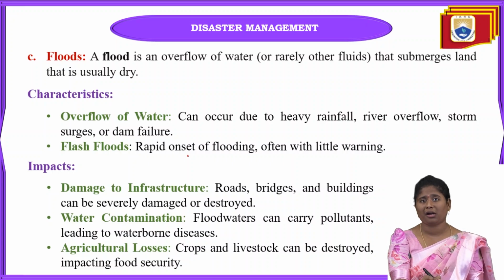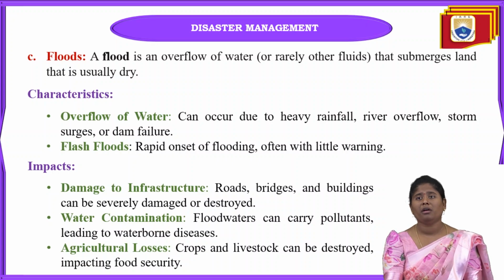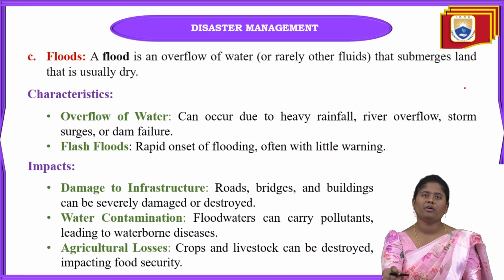And what are the main characteristics of floods, or overflow of water? Why can this overflow of water occur? It occurs due to heavy rainfall, river overflow, and also dam failure. Due to this, there will be overflow of water, which can cause floods.